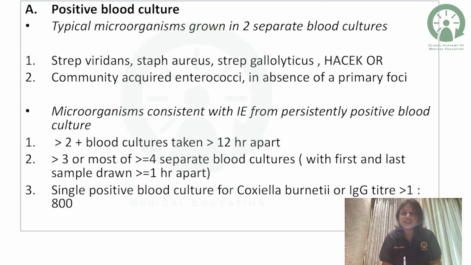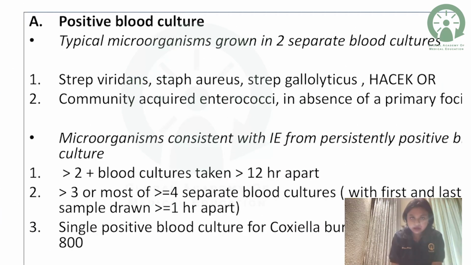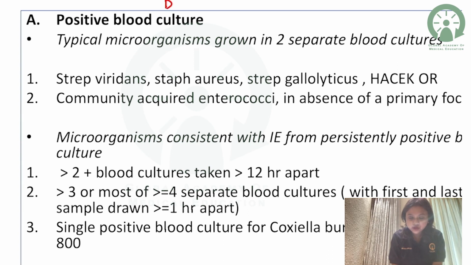Next, we are going to read about infective endocarditis and the Duke's criteria for infective endocarditis. So Duke's criteria has got two parts. One is the major criteria and the minor criteria. In this rapid revision, we are going to read only about the major criteria.